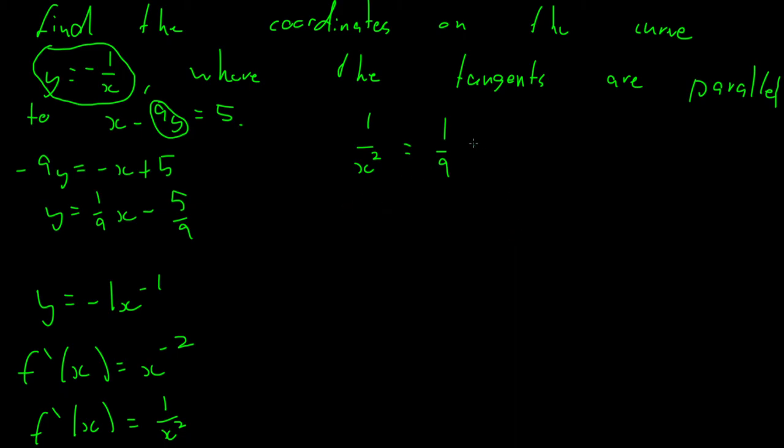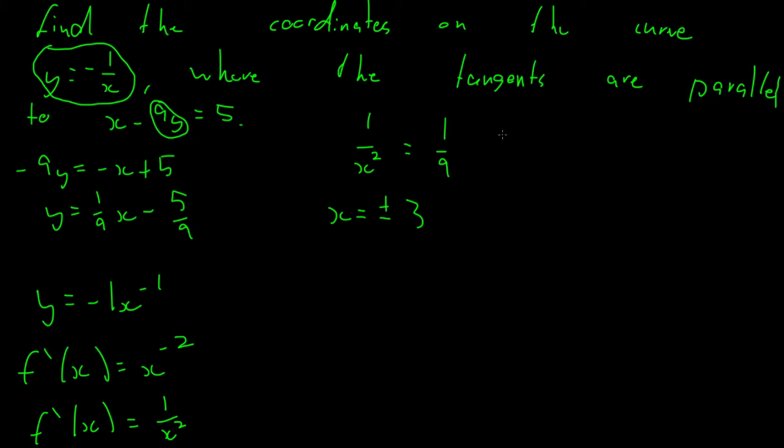So it's pretty simple to work this one out. What value x has to take on to be equal to 9, and that's just minus 3 or 3. So x equals plus or minus 3.